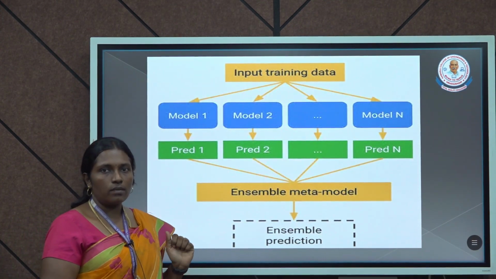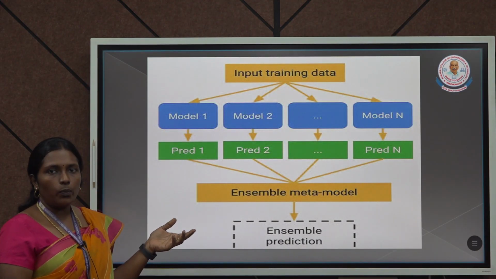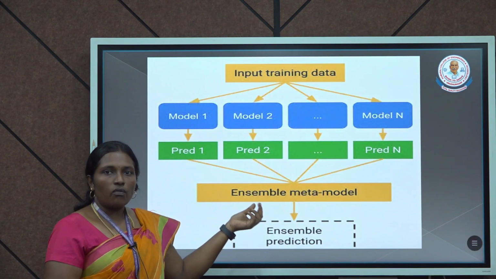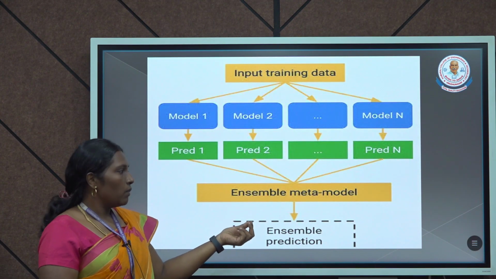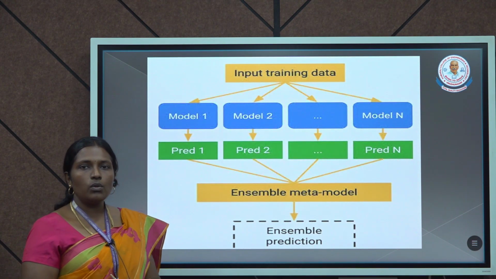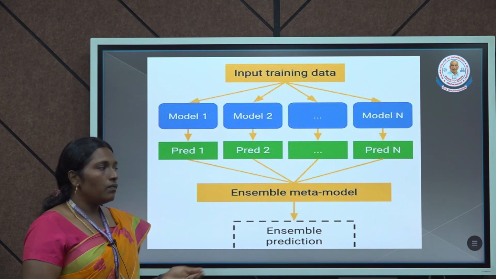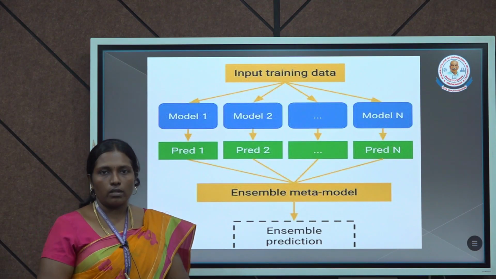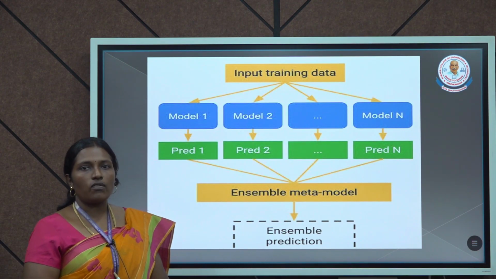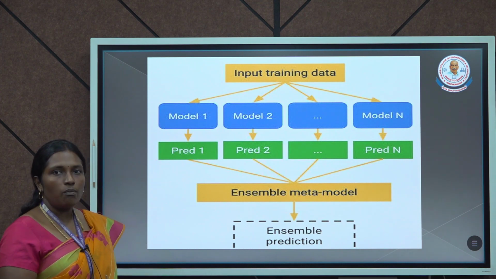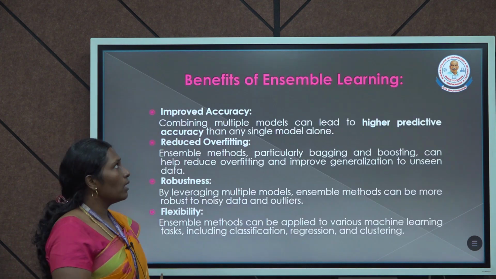All those predictive outputs are combined together to form a meta model. From that ensemble meta model, using techniques like averaging and voting, we predict the ensemble prediction, that is the final output for the particular input we have given. This is the block diagram for ensemble learning.